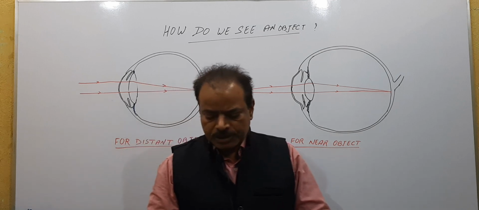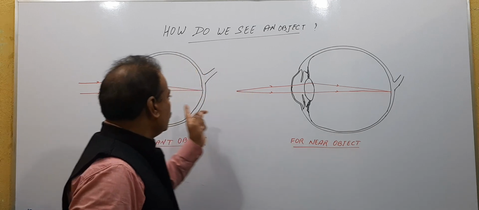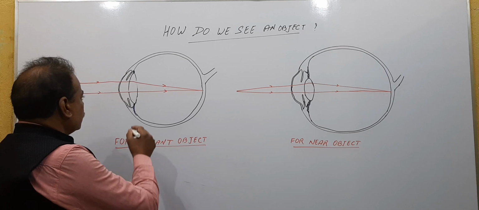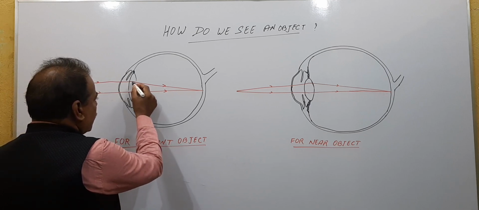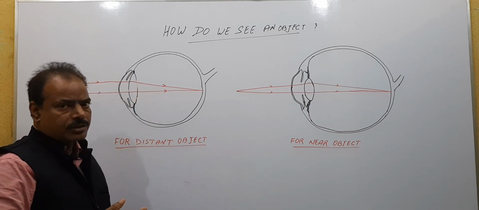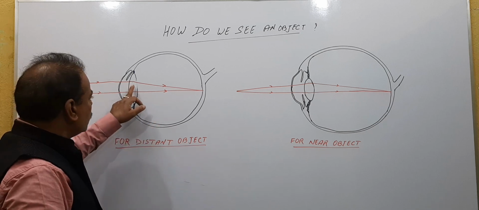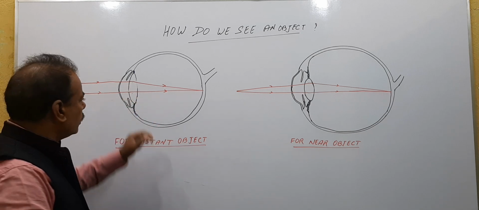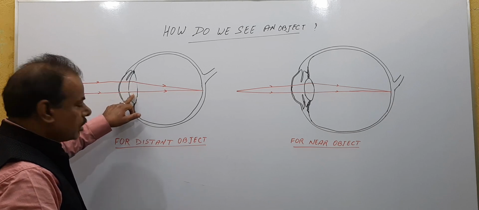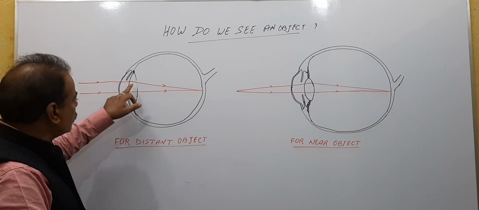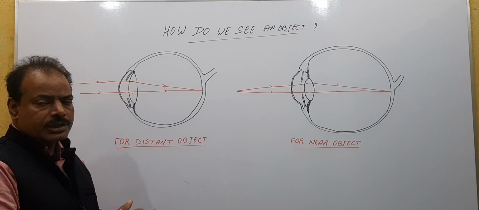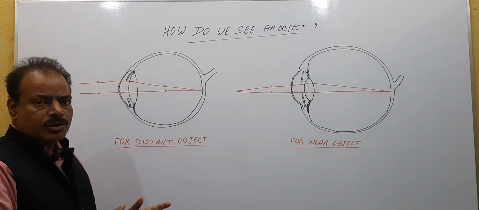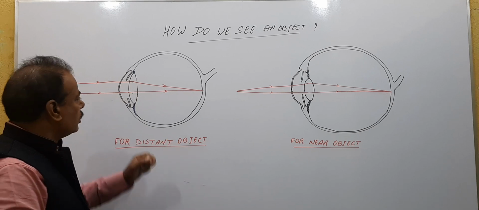So the first step is entry of light. Second, refraction of light. Here refraction means bending of light. Our lens is convex, so it is a converging lens. So convergence takes place.